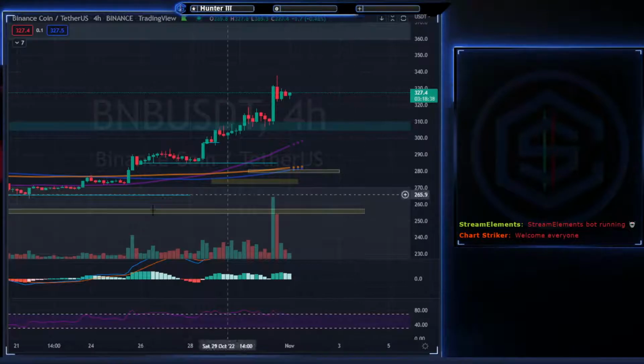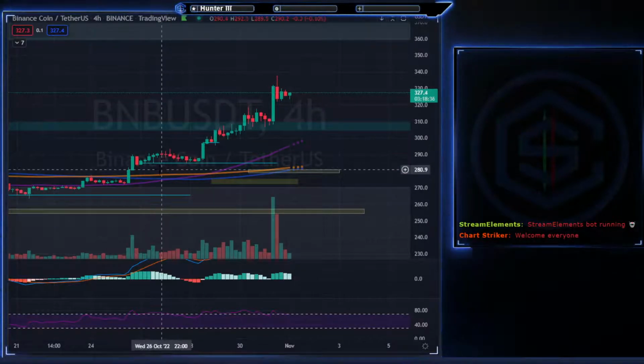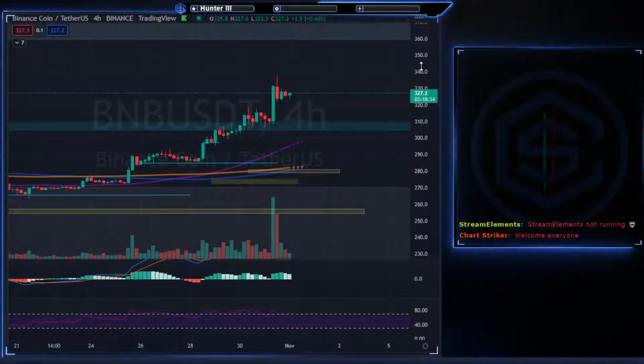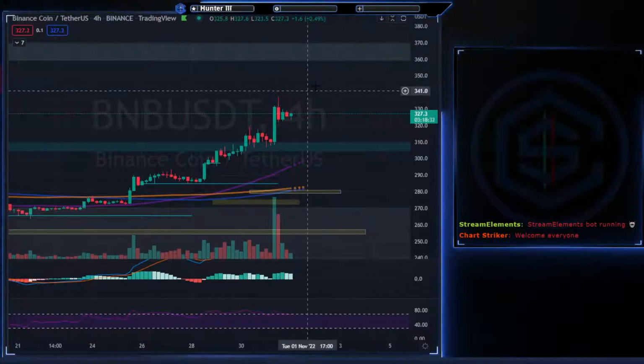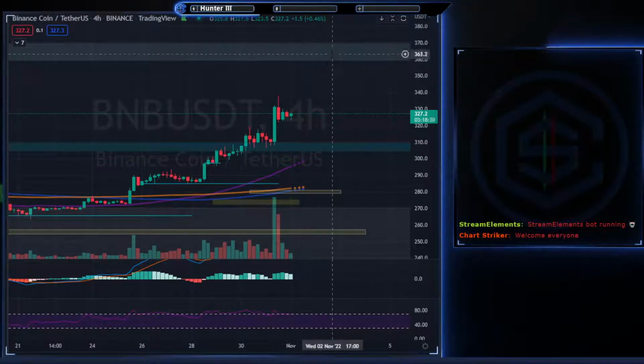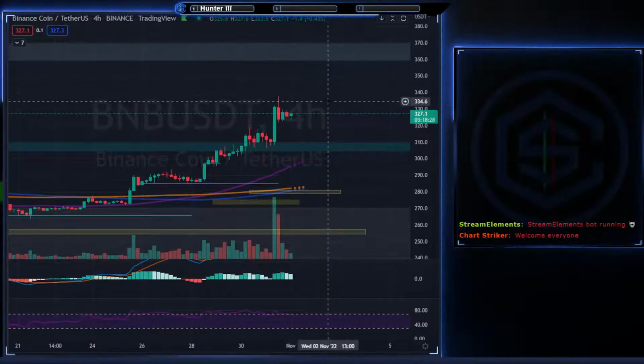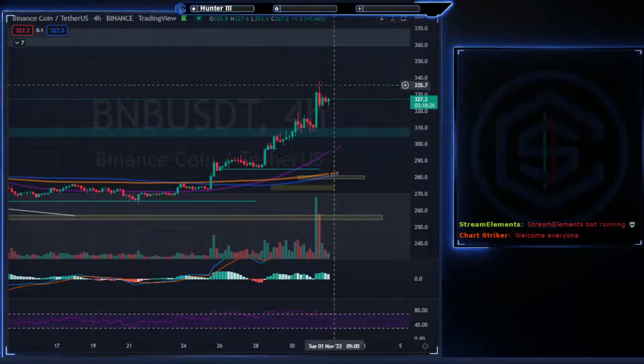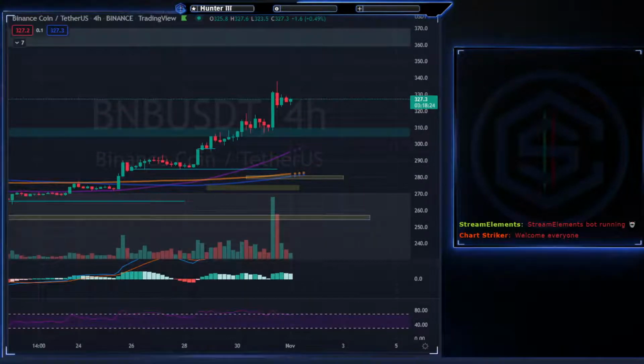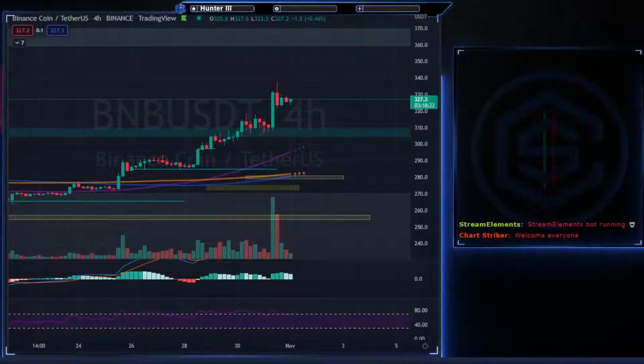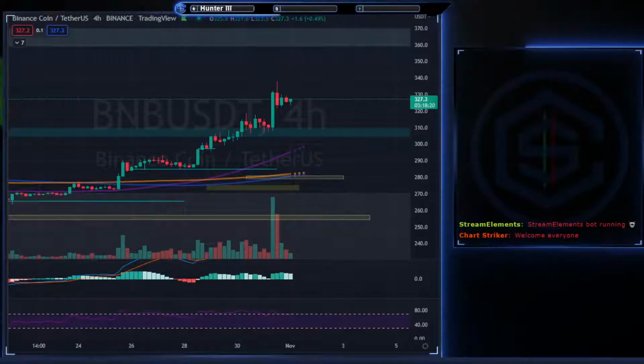So if we break above, I guess, $340, and close the 4-hourly above it, we can come back to the next levels, but right now, I'd give it a few hours, just to see what's going on.